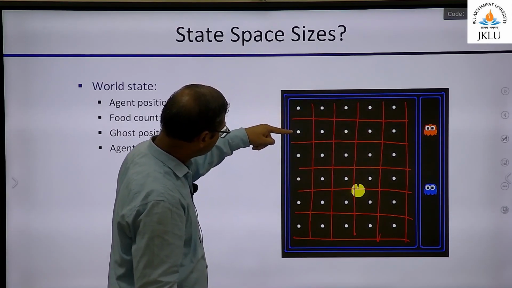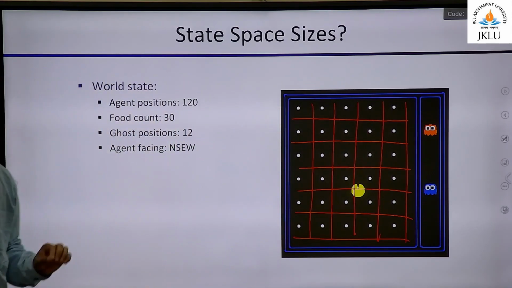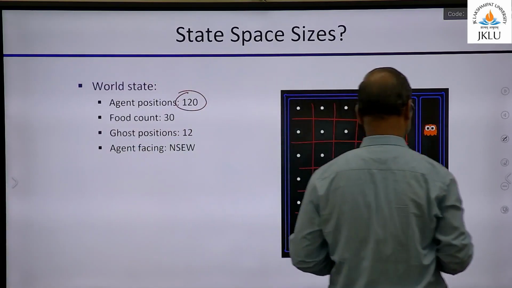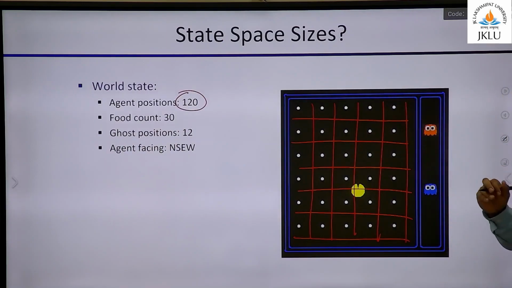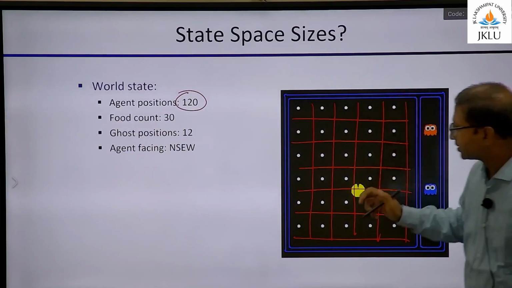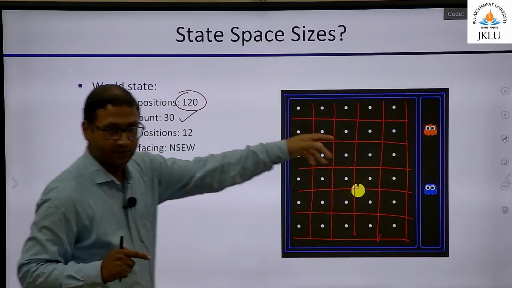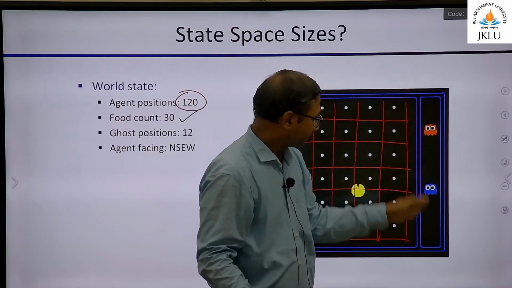And 1, 2, 3, 4, 5, 6, 7, 8, 9, 10, 11, 12, right? So 12 into 10, that gives you 120. Next. Food count 30. That is fine. Ghost positions 12. Same reasons, because they are just in one column and that has 12 positions.